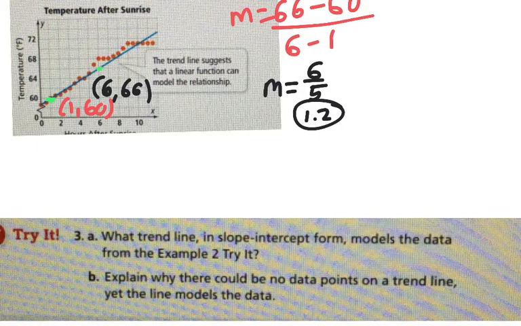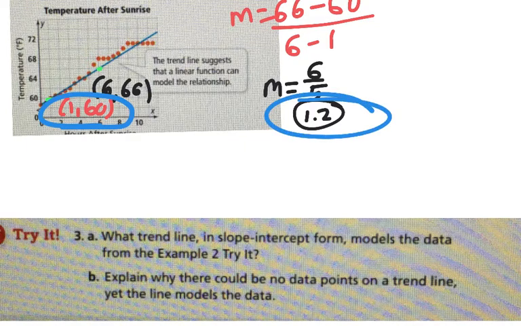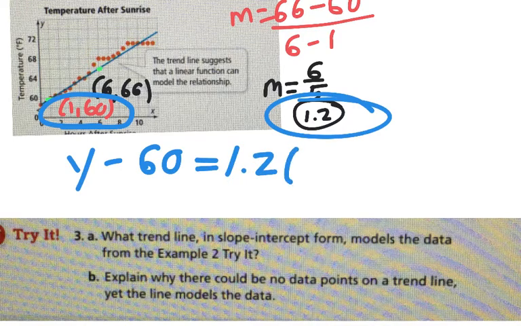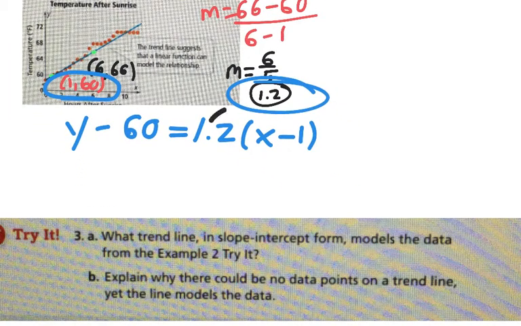Okay, so now I know a point that my line goes through, and I know the slope of that line. So I'm going to put it in point slope form. y minus y1 equals m times x minus x1. Now we distribute.